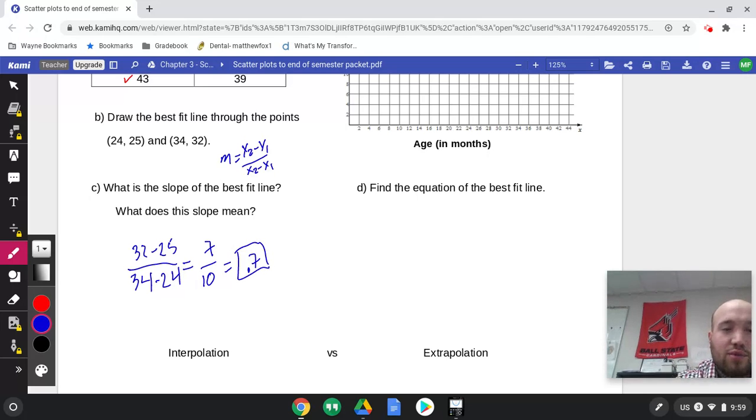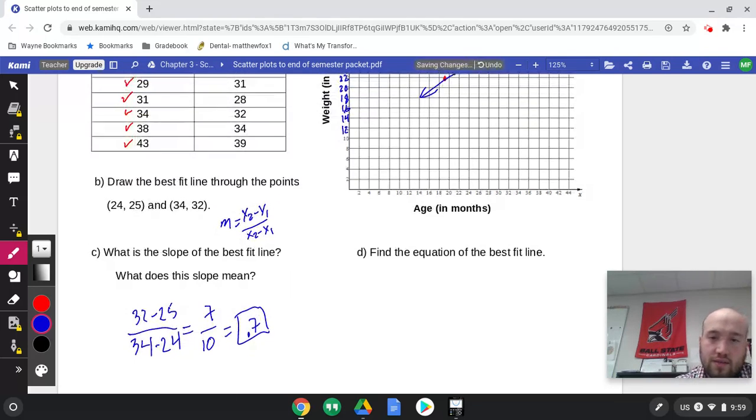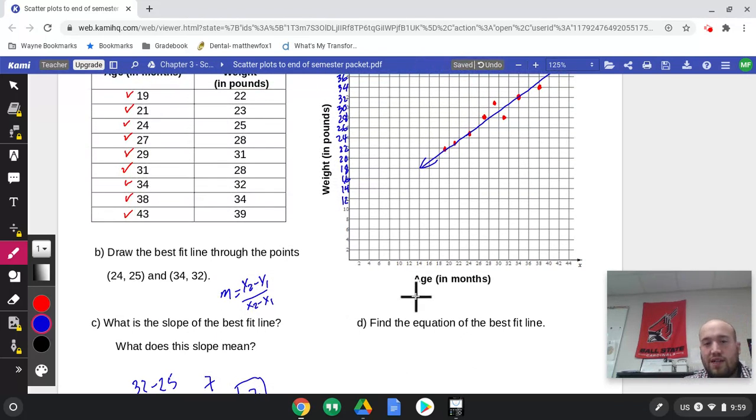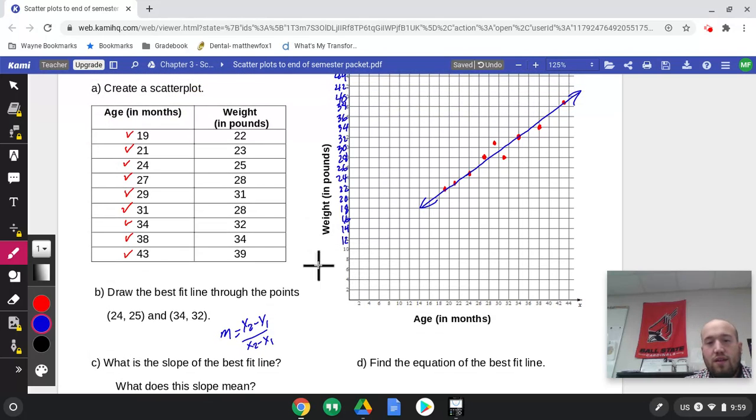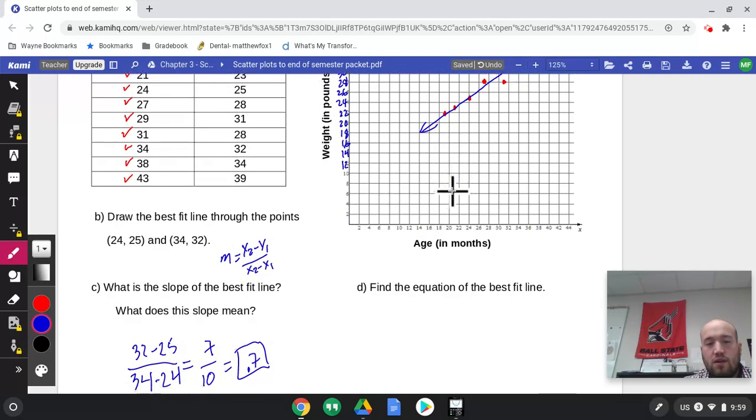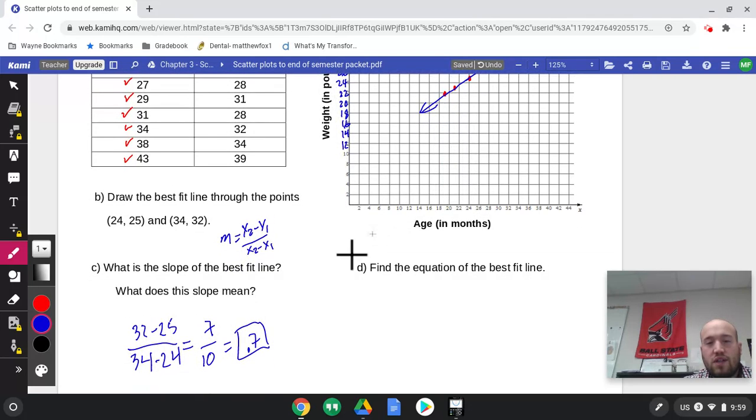Now, if we interpret that, what does that mean? So we know that on top is 0.7 represents the weight, the increase in weight per month. Okay, so 7 over 10 means it goes up 7 pounds every 10 months. We kind of broke that down, divide by that, we get 0.7.